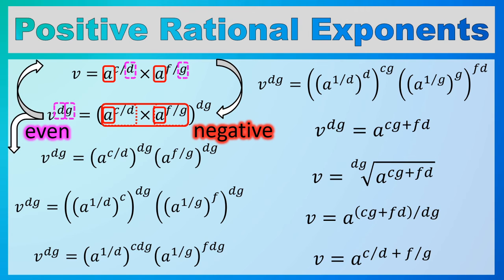And remember that a has to be negative. And so that means that either a to the c over d or a to the f over g has to be not real. And now in this video, we're only talking about cases where all the expressions are real. Now this property is true for when you have some expressions that are not real but are complex and defined, but we're not talking about them in this video.